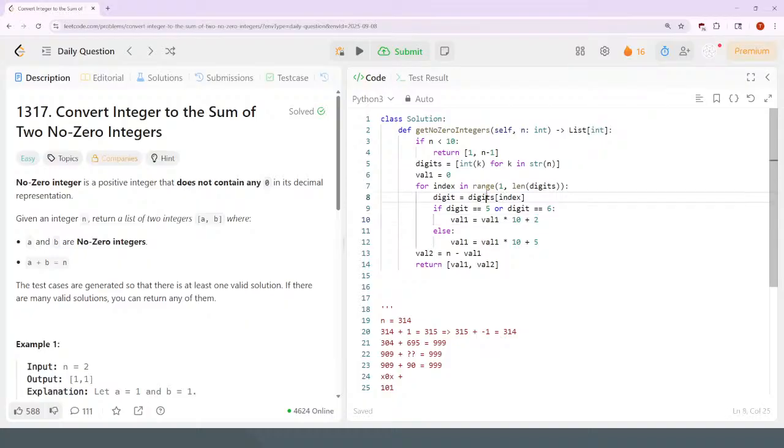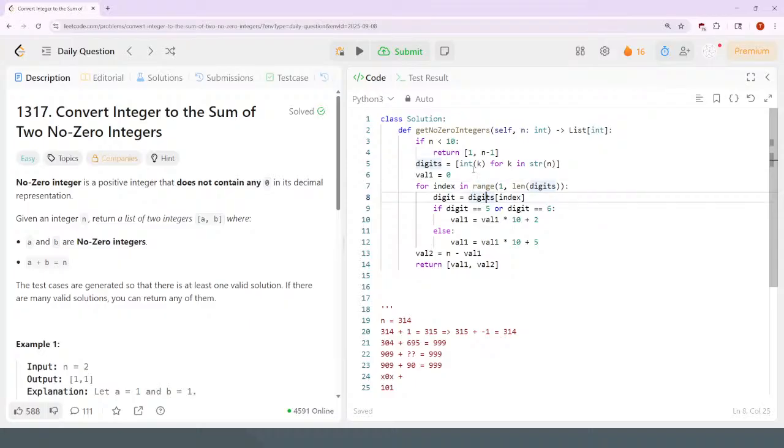And so, creating an array of digits from the value of n, basically converting n to a string, which is an array of characters, and for every character converting that to a digit integer. That's my digit array. Then I ignore the first digit, because it's always non-zero, and you basically don't need to mess with it.